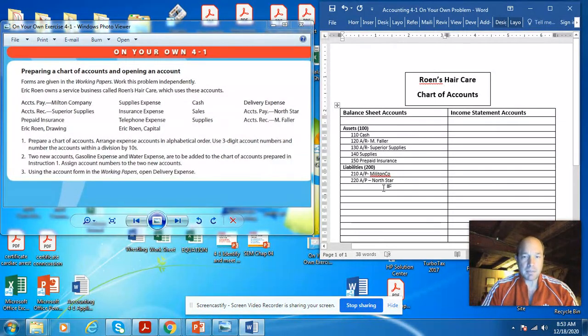And let's go with our third balance sheet account called owner's equity.